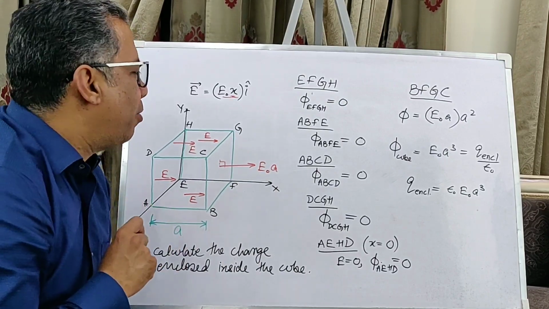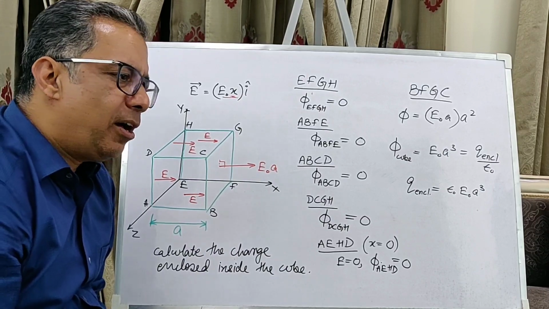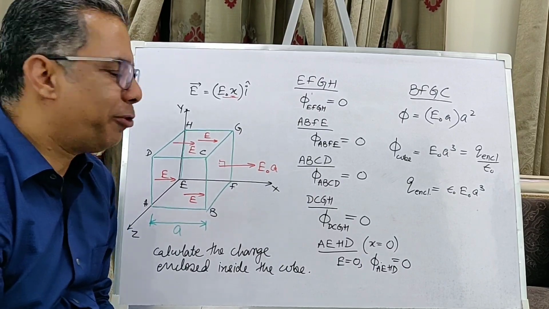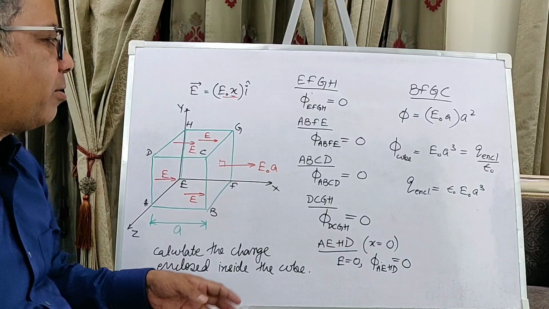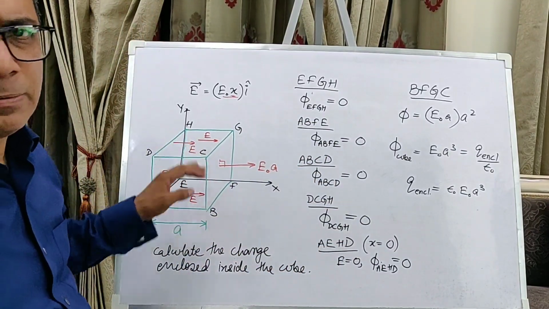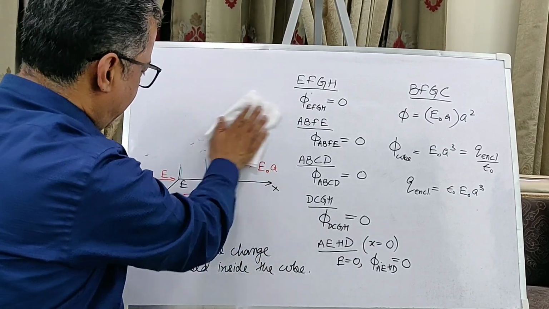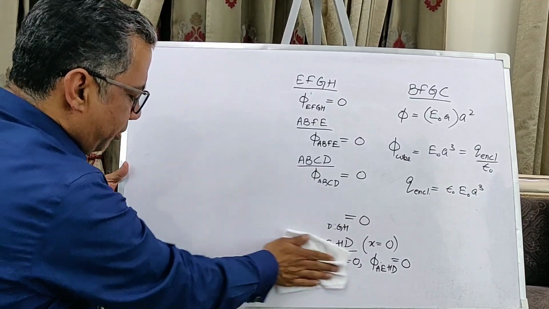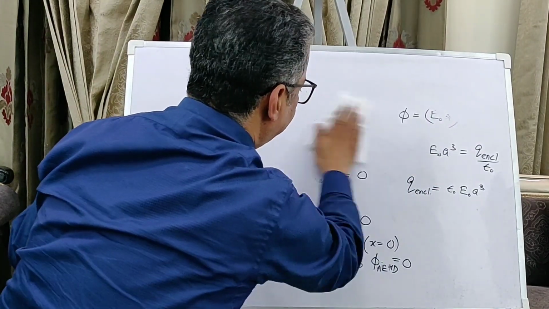What I'm going to do now is give you another version of Gauss's theorem, which you might call the microscopic version of Gauss's theorem, and then later on we'll be employing that microscopic version to solve this problem as well. So our next topic of discussion is the microscopic version of Gauss's theorem.